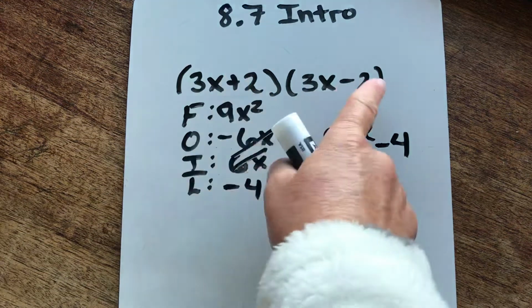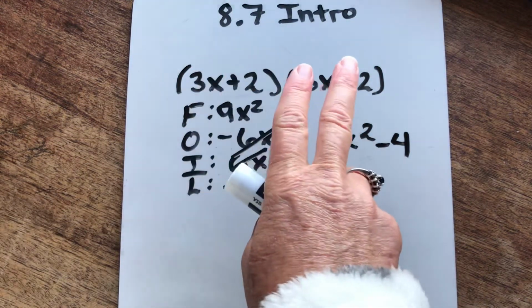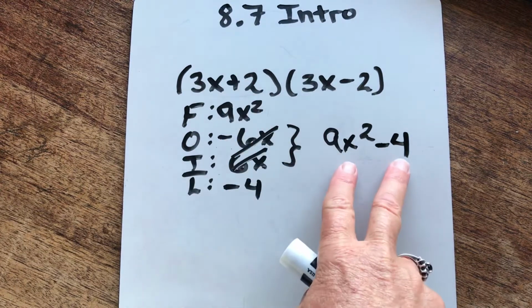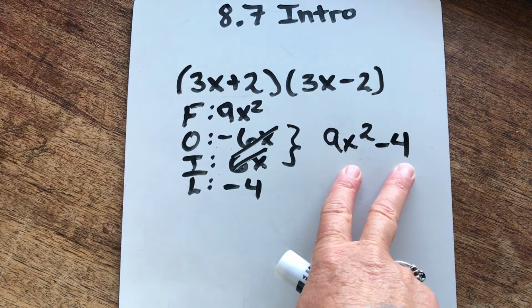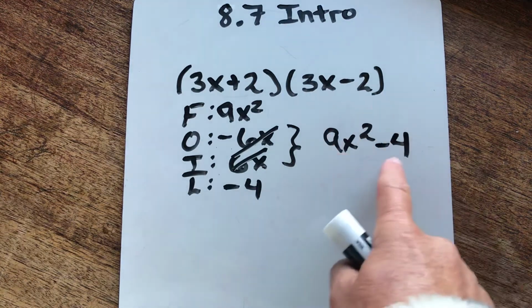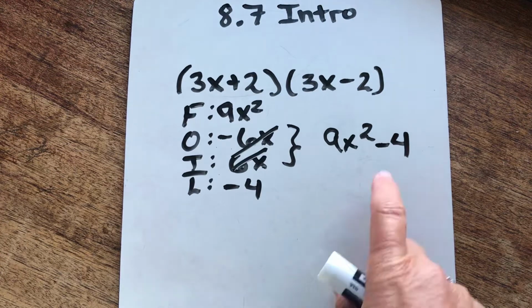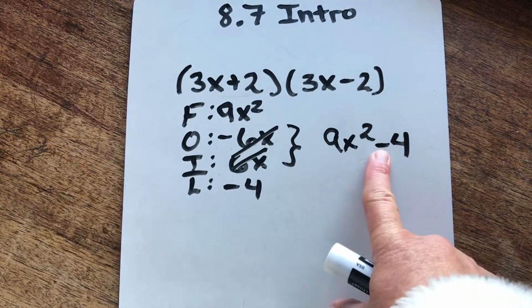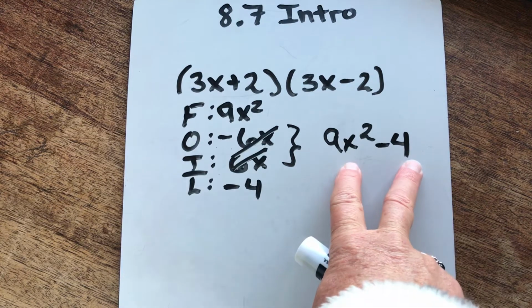So when we multiply conjugate binomials, same stuff, different signs, we get this beautiful thing that's called a difference of squares. Miss Miller, why is this called a difference of squares? Well, one, it has a difference in the middle. There's a subtraction sign. And you have squares on both sides.